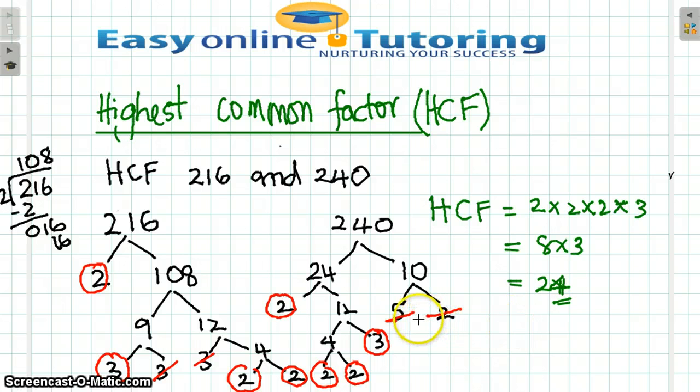So the highest common factor of 216 and 240 is 24. Because 24 times 9 is 216.